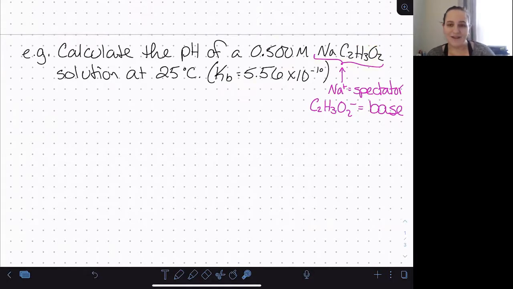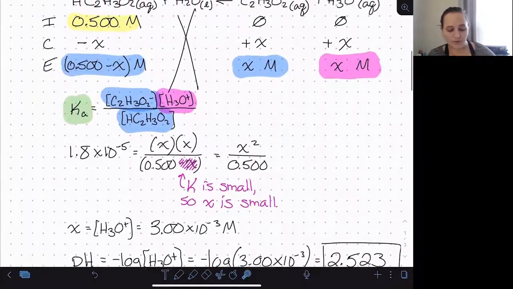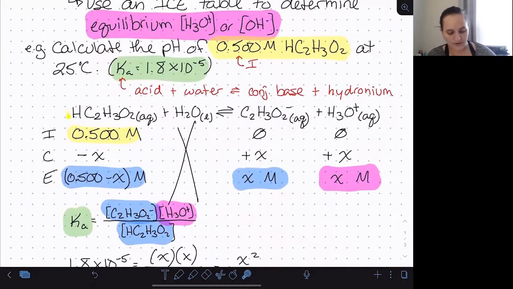You will notice that the acetate ion is the conjugate base of acetic acid. So acetic acid is what we were dealing with in the previous problem. The conjugate base that is produced is the acetate ion. And we said that the conjugate base of a weak acid is a weak base.